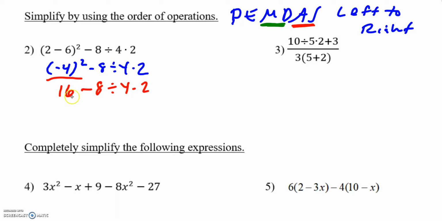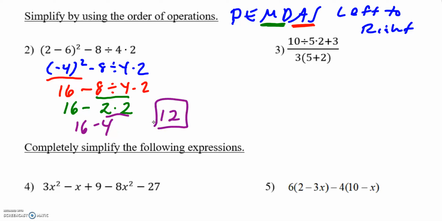In terms of what comes next, we're between subtraction, division, and multiplication. Subtraction definitely comes after multiplication and division. So if I'm between which one of these to start with, we would start with the division first because it comes first left to right. So we'd have 16 minus 2 times 2. Now if we're between subtraction and multiplication, we would multiply next and get 16 minus 4. So this final answer is 12.